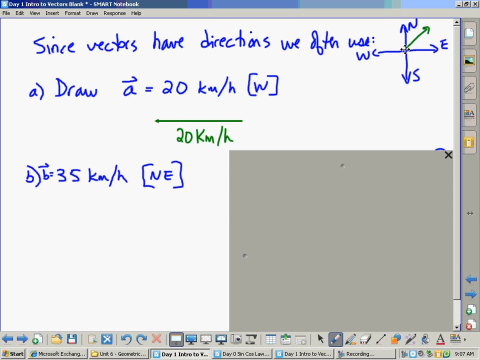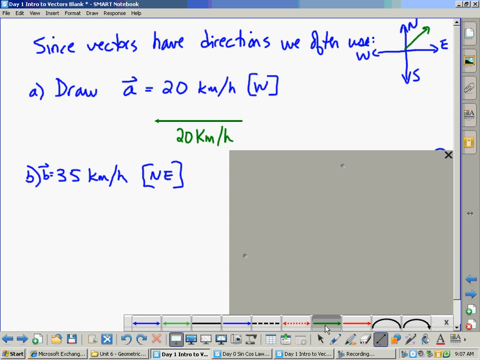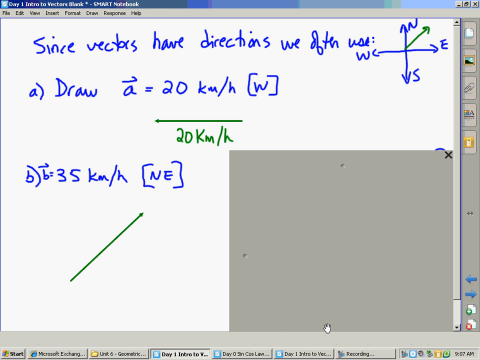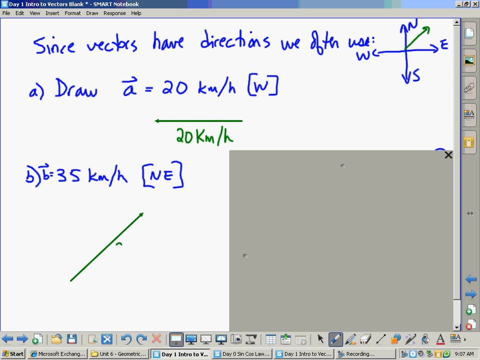So what we can do is draw a vector that is heading off at a 45-degree angle right there and call that northeast. Notice that I tried to make it a little bit longer because it's 35 kilometers an hour as opposed to the 20 kilometer vector A that I drew here. So this one's a little bit longer, and I'm calling it vector B.